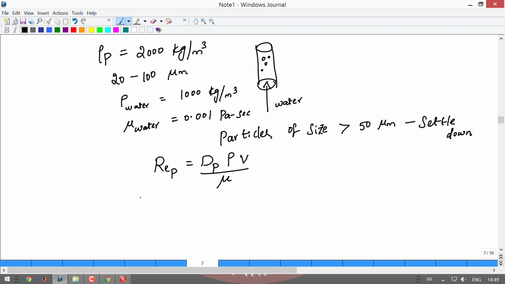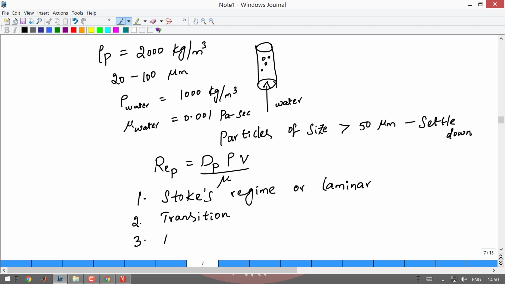The first region is the Stokes region, or laminar settling, and the second region is the transition, and the third region is the Newton's regime.